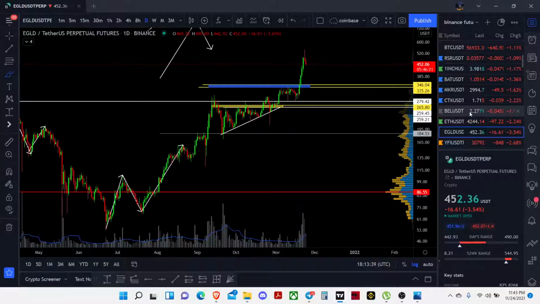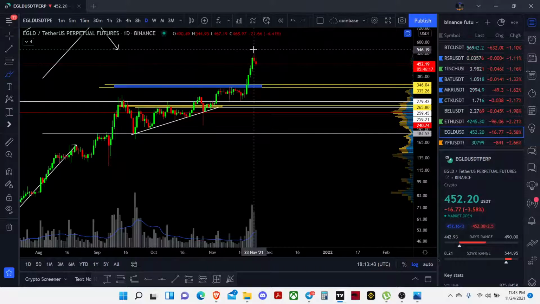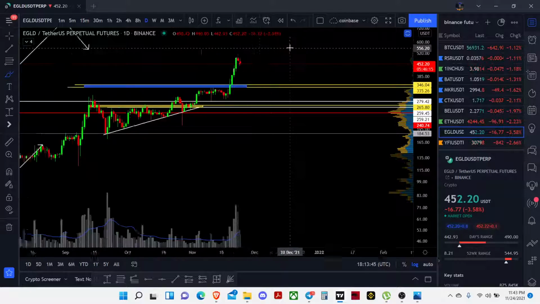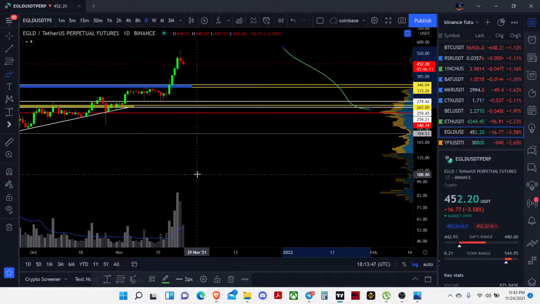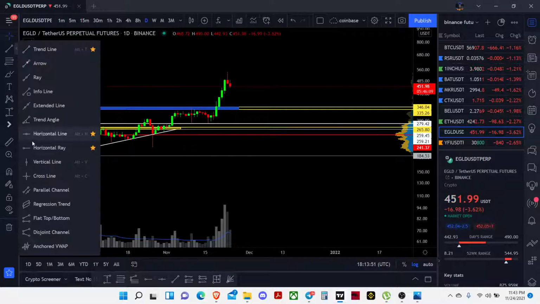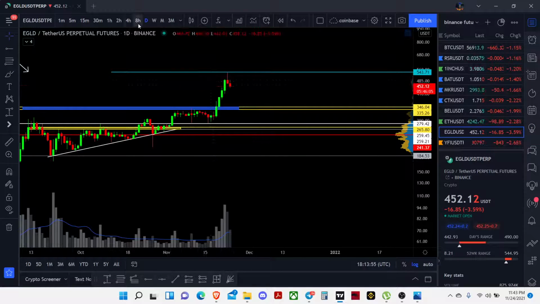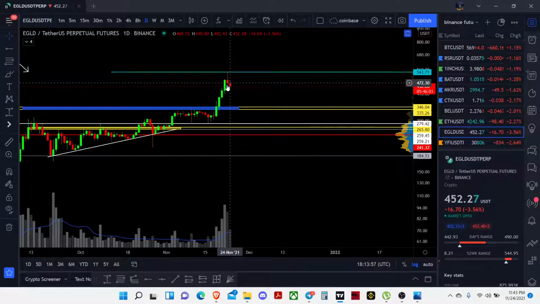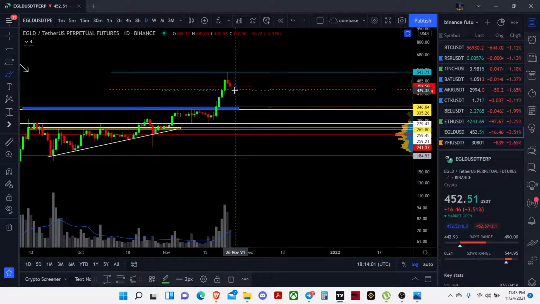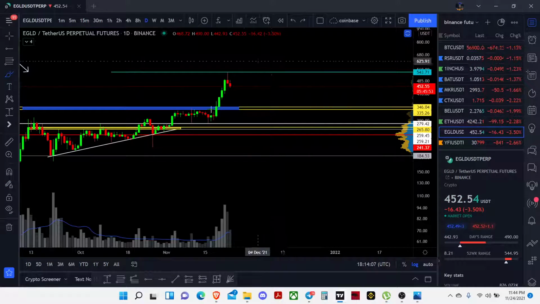It would be Electroneum Gold. It made the top. Definitely, this is the top for the Electroneum Gold. Not the big top, but the local top. If we get two more candle closes to the downside like this, then we can see things coming back down to just the support.